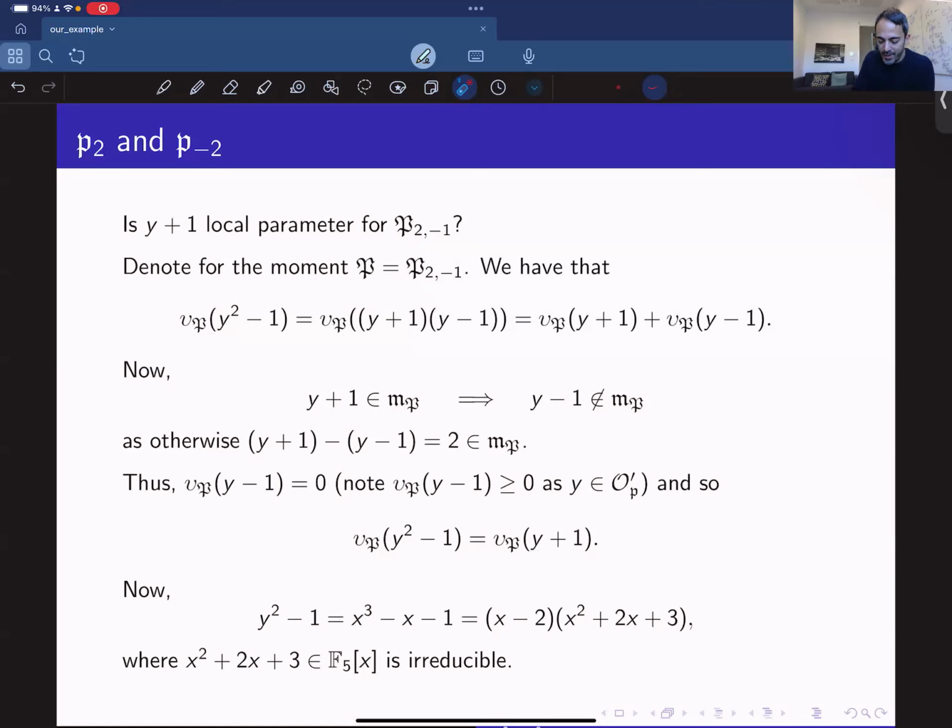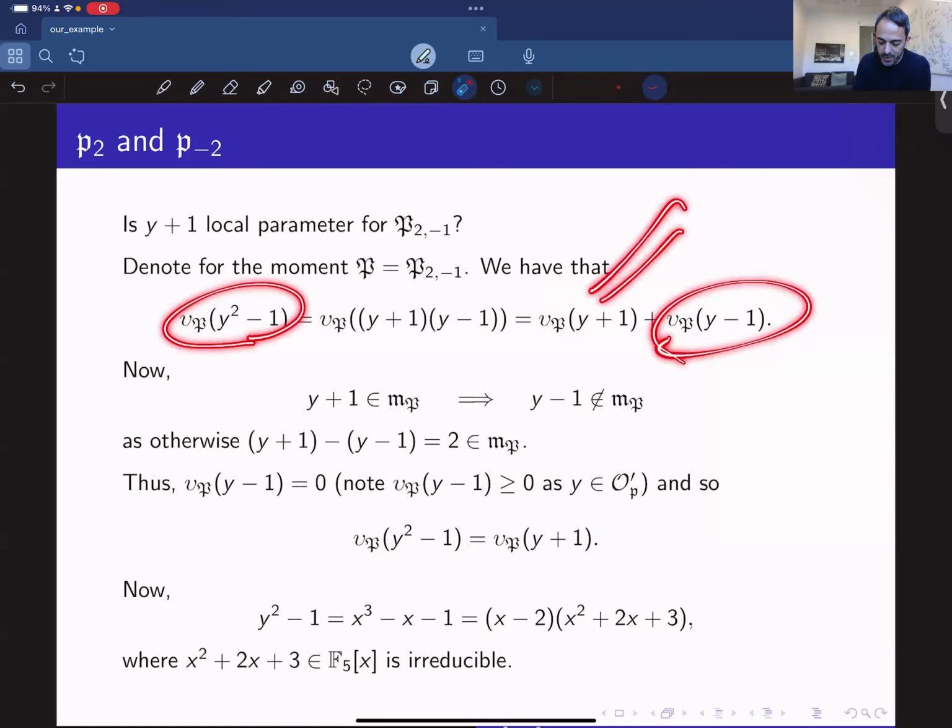So I'm deliberately trying to relate the thing I care about with the thing I know, which is y squared. One way of doing that is to notice that y plus 1 times y minus 1 is y squared minus 1. And so, because this is the valuation of the thing I care about plus the valuation of y minus 1, I just need to understand this and that in order to understand this.